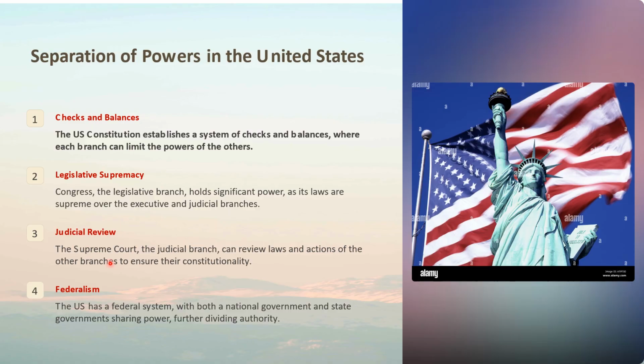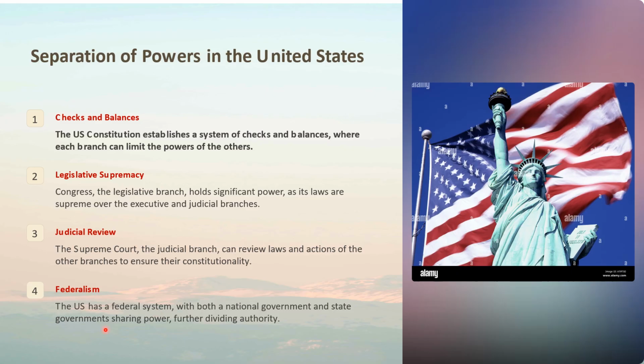And the judiciary, Supreme Court: the judicial branch can review laws and actions of the other branches to ensure their constitutionality. The judicial branch can interpret the laws, can declare laws and executive actions unconstitutional according to the power of judicial review.